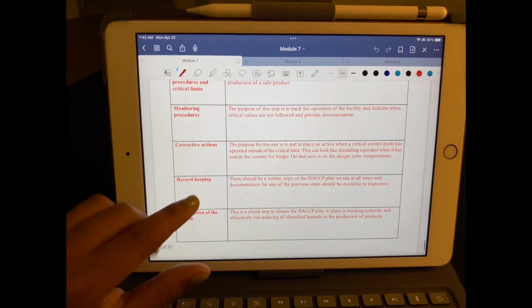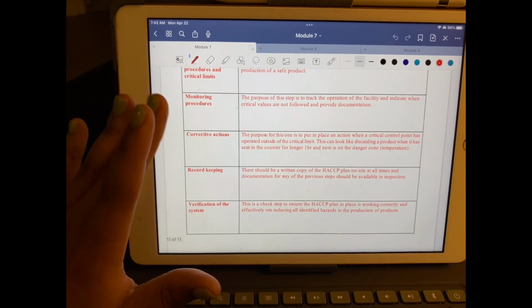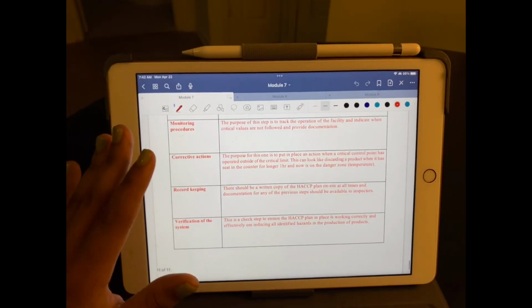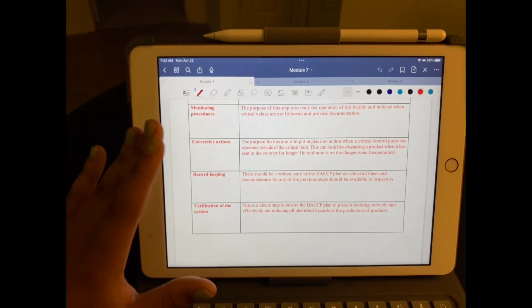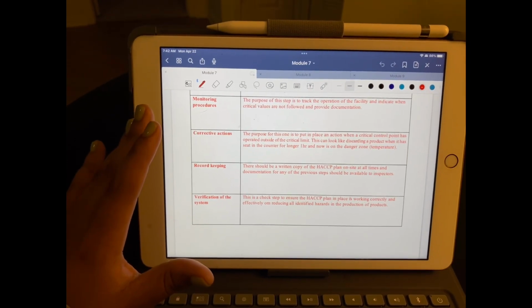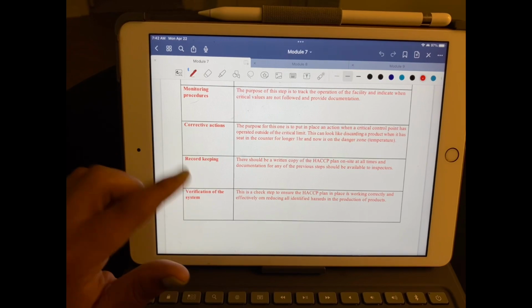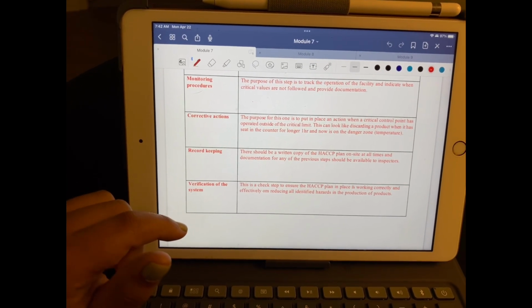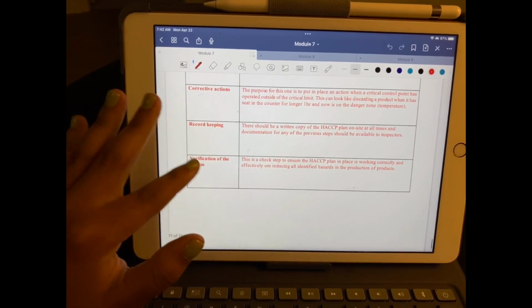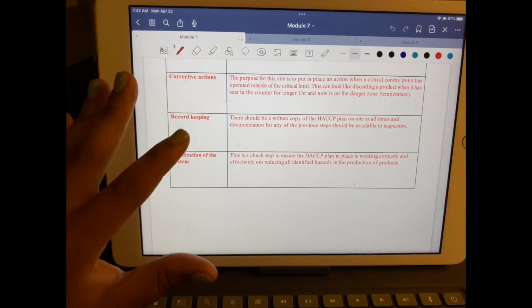And once it's made, it needs to be placed somewhere in the cooking area, so everybody is aware of what to do, how to report it, and how to record the things that happen. And obviously you evaluate and verify that your system is working and all these different things.